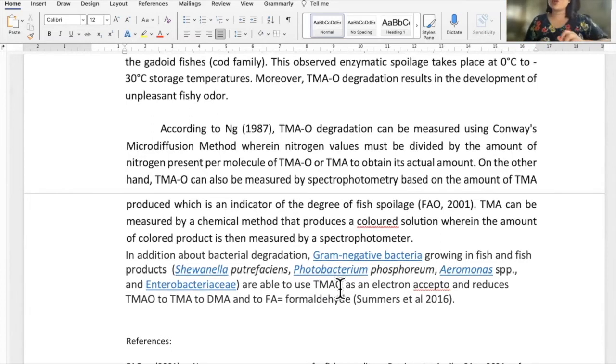You'll be using the Conway microdiffusion method, wherein you have a Conway plate. On the plate, there is an outer ring and an inner ring.